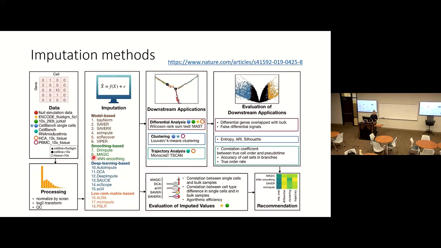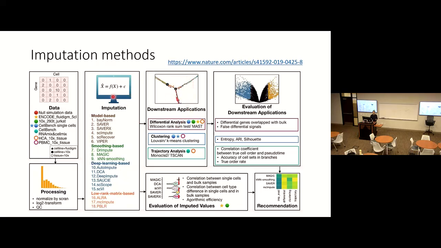There are other data-driven and smoothing technologies, where you use the neighbor values to correct the missing values. There are also neural network based methods, and there are some others. So statisticians have been trying to understand the distribution to do the imputation, okay?